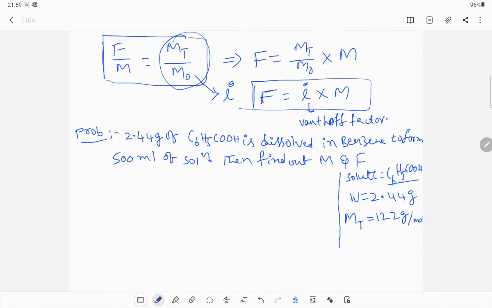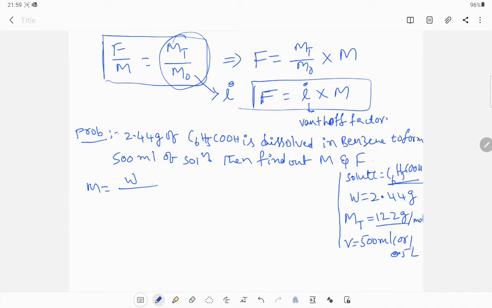This is 6 carbons, 5 hydrogens, 1 carbon, 2 oxygens, 1 hydrogen. If you combine all atomic weights, you get 122 grams. Then the volume given is 500 ml or 0.5 liter.